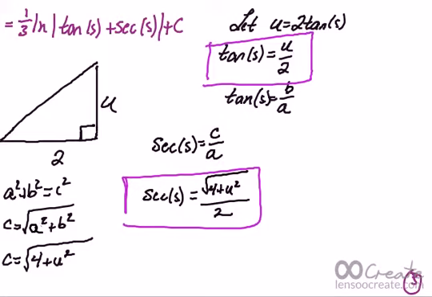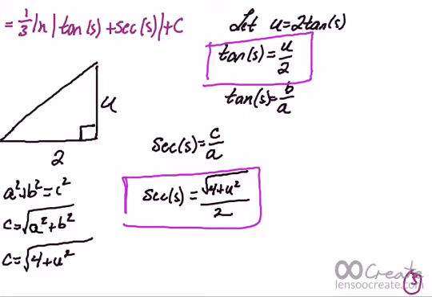So it's pretty easy. And so I have my right triangle here, and tangent of s is actually, we already know sort of what that one is, because we have u is equal to 2 tangent of s, so if we just do a little algebra, we have that the tangent of s is equal to u over 2.